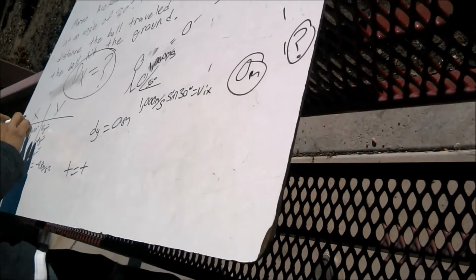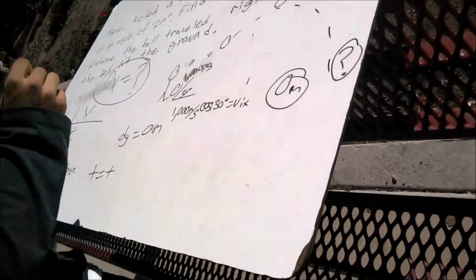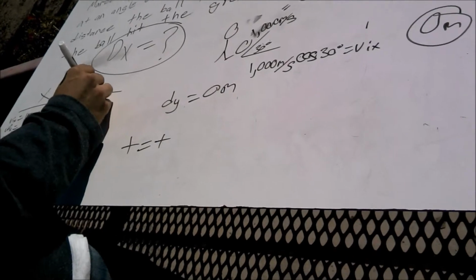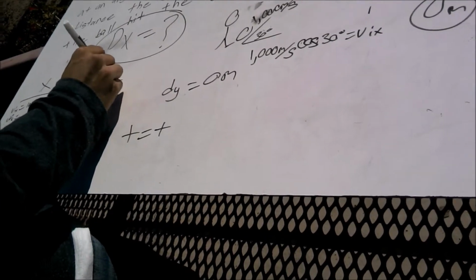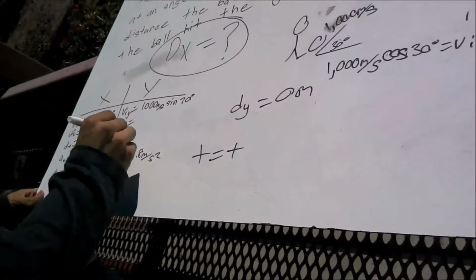Since you know it's 0 meters, that gives you an advantage. It makes the problem easier for you. So right now you know that distance in the vertical axis is 0 meters, time is equal to time, and you know the velocity initials.